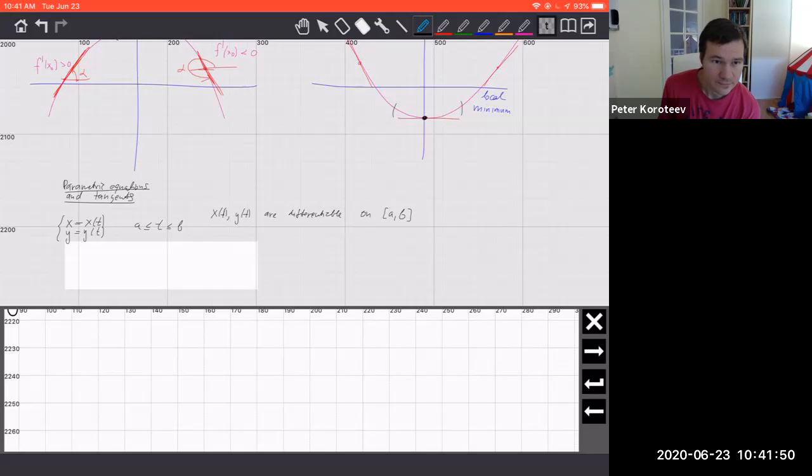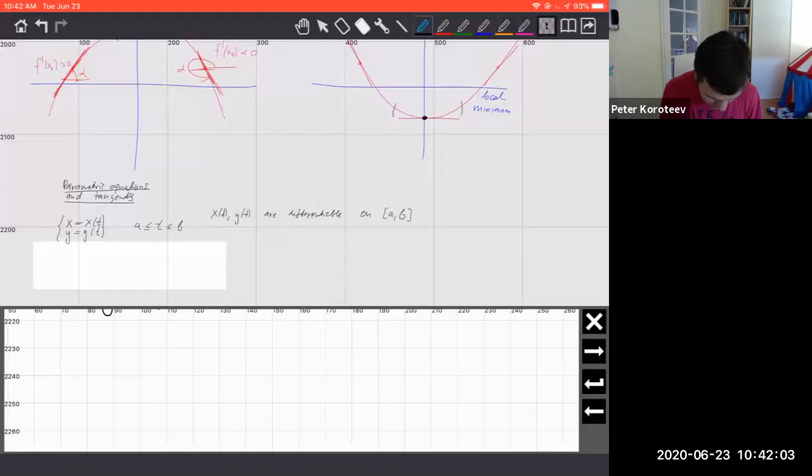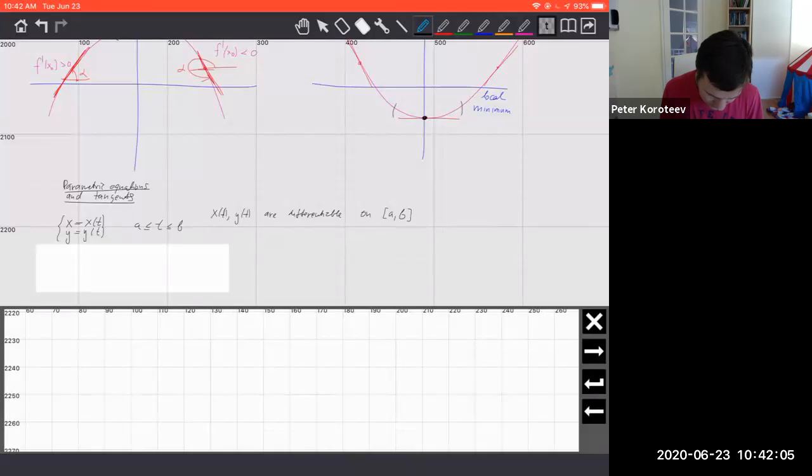Okay. So now I'm just going to quickly write the equation for the tangent from before.